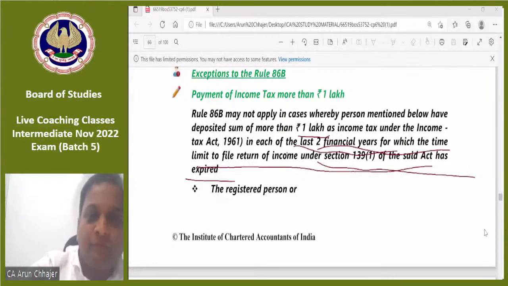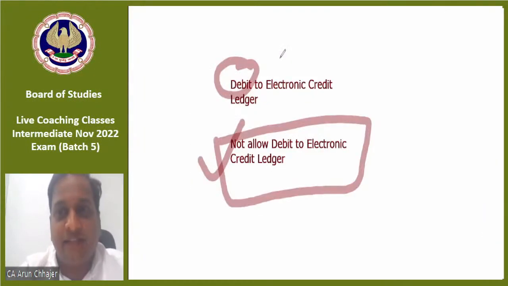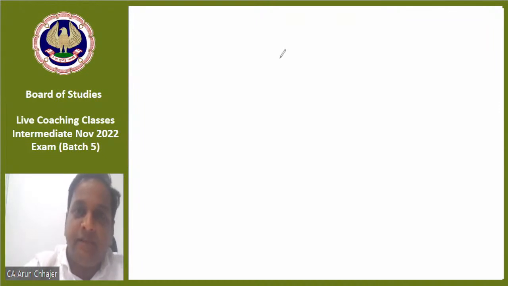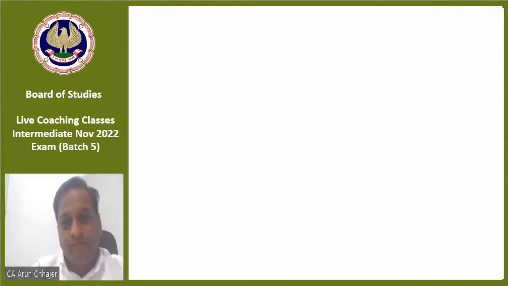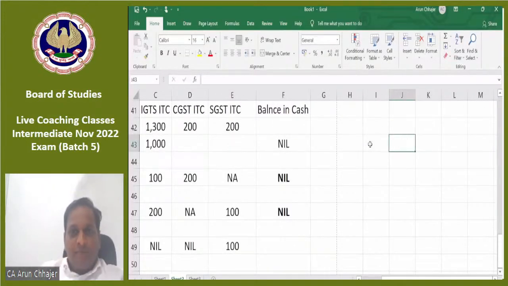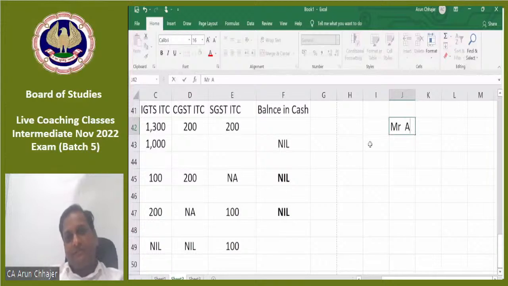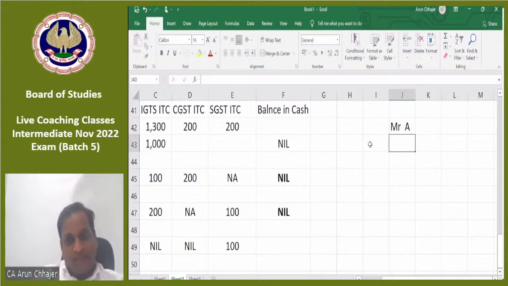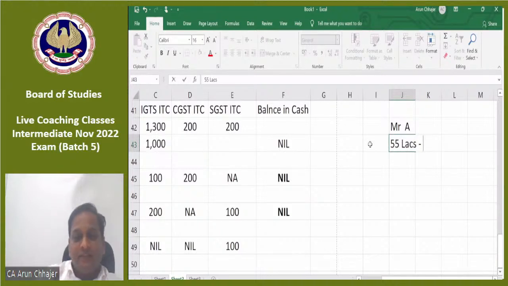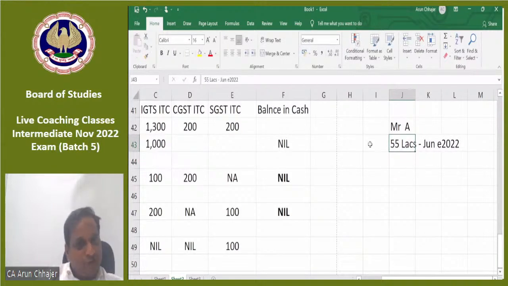Let me give you one practical case and then ask the same point. Mr. A is a registered person. He has a turnover of, let's say, 55 lakhs in June 2022, excluding exempted and zero rated.